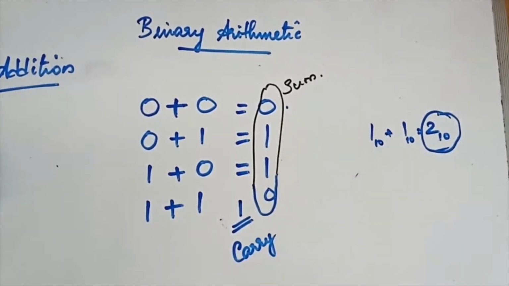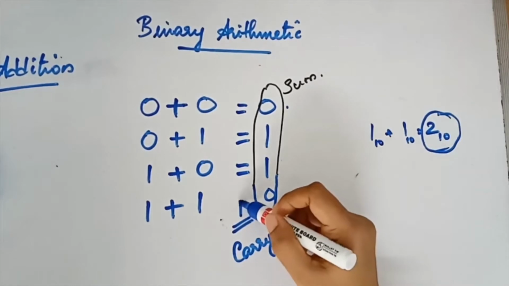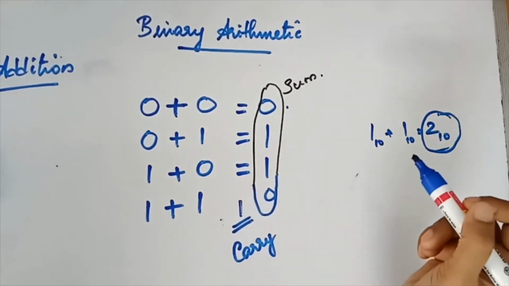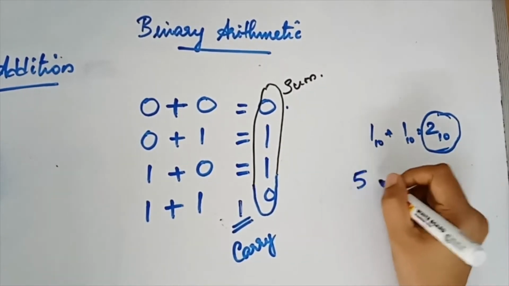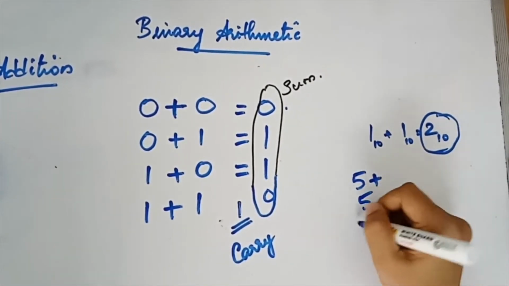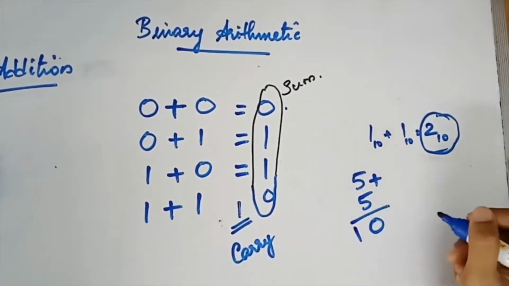Just like in any normal decimal addition, we have a carryover, here also you have a carryover, that is this particular 1. Suppose you are adding 2 numbers in decimal, 5 plus 5, you'll be writing 0 and carrying 1, right?